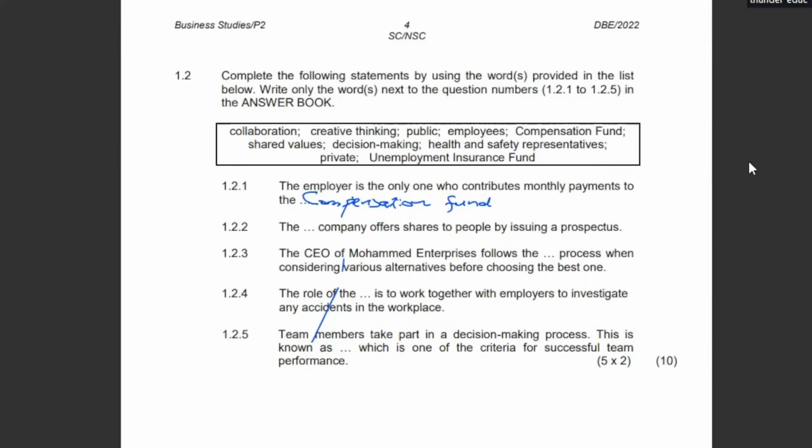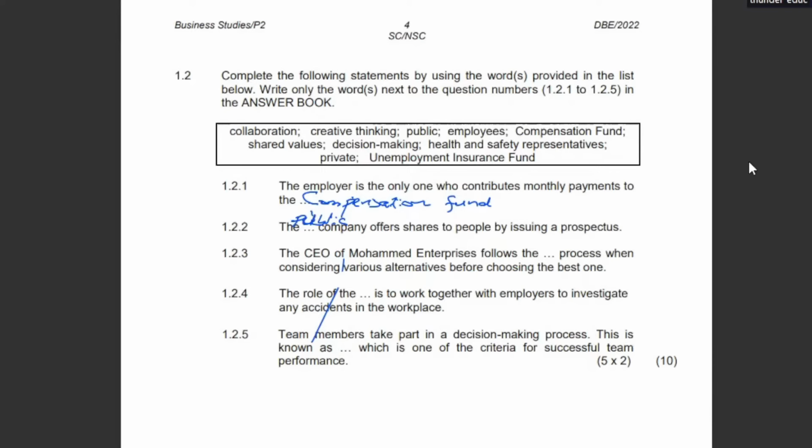So meaning here we have public company. Never mind the kind of handwriting. I'm really sorry if the handwriting is not legible enough.